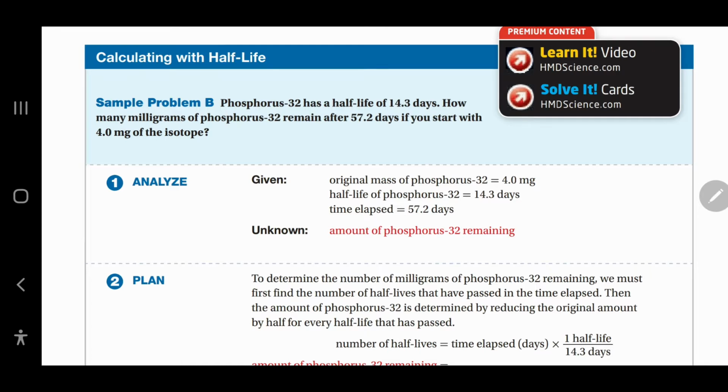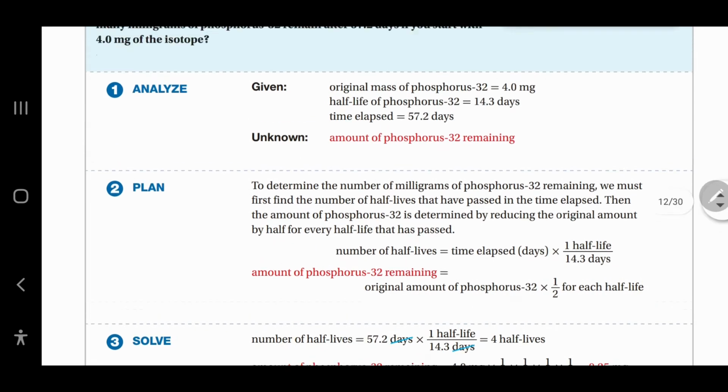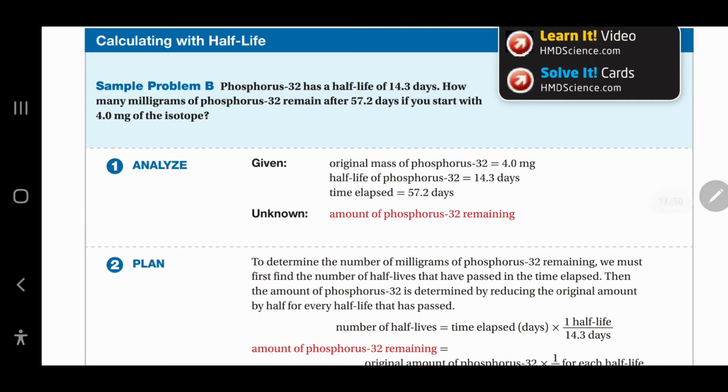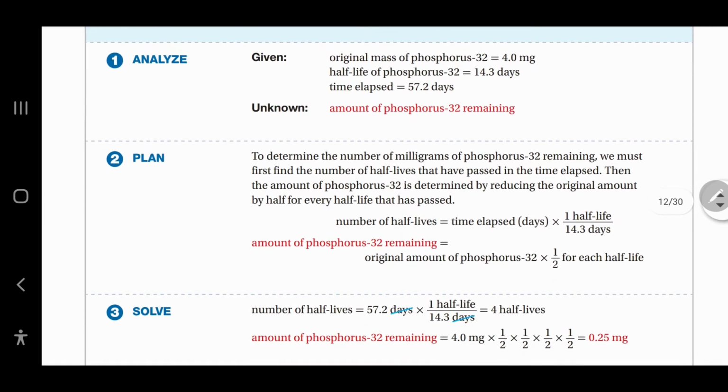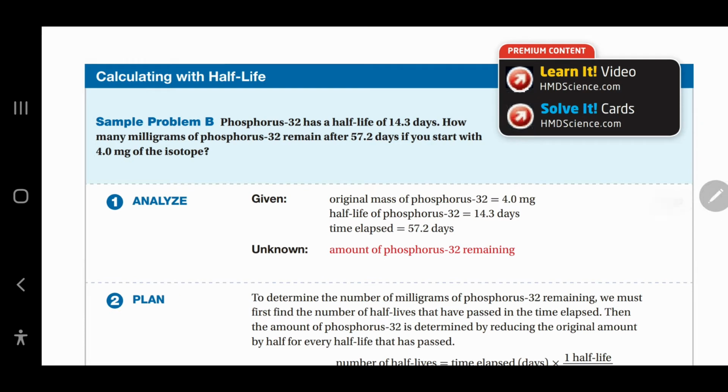Simply by dividing the total time over the half-life, we can see how many half-life periods we are talking about. If we divide 57.2 over 14.3, you will have 4 half-lives.